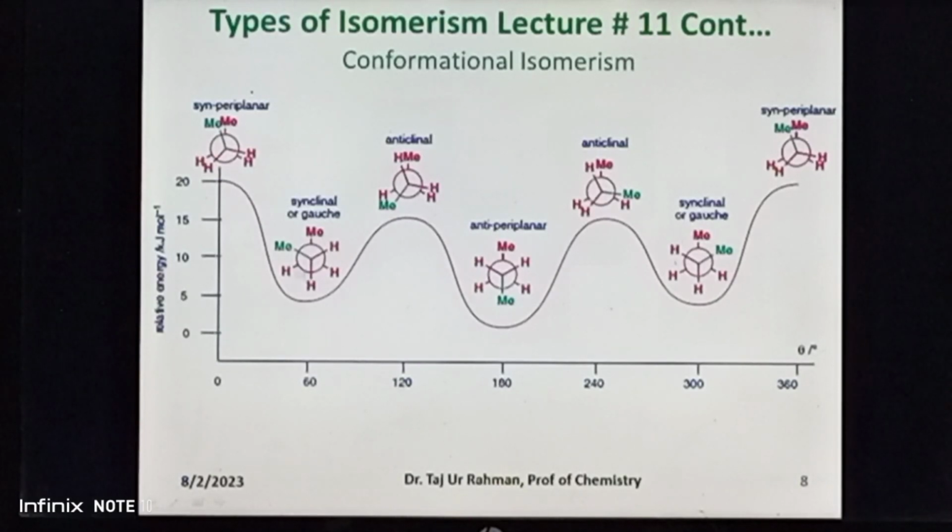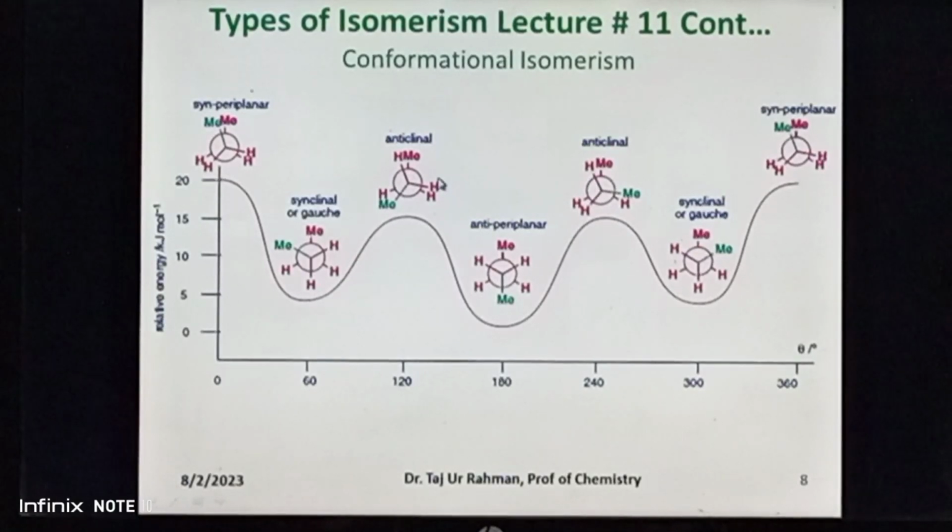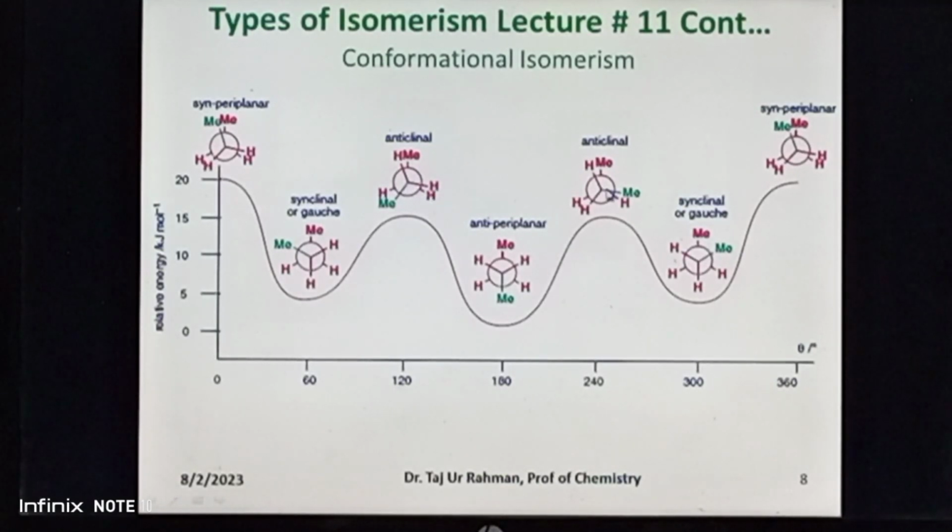Now look at these 6 conformers of butane molecule. From the look of this diagram, we can say that the fully eclipsed conformer with zero dihedral angle is highly unstable with 20 to 25 kilojoule per mole energy barrier. These two partially eclipsed conformers with 120 and 240 degree dihedral angles are the second most unstable conformers with 14 to 15.1 kilojoule per mole of energy barrier.